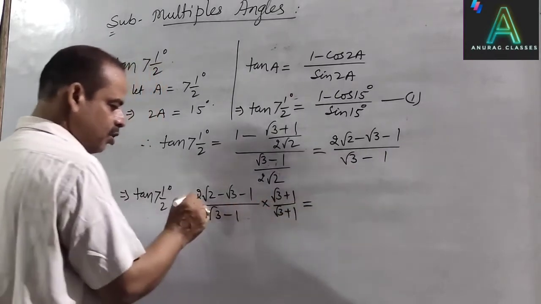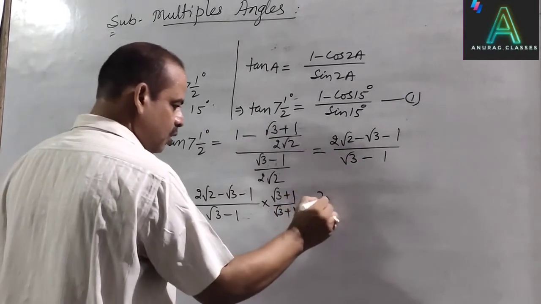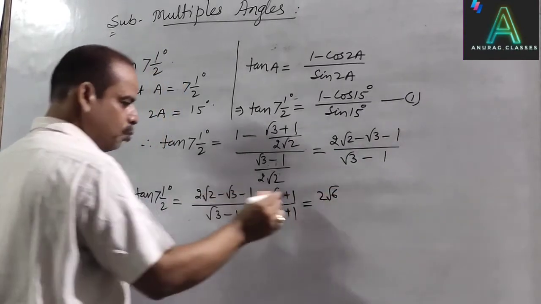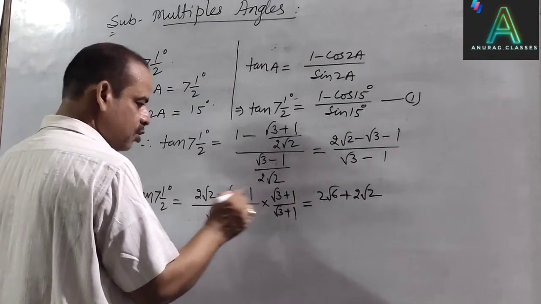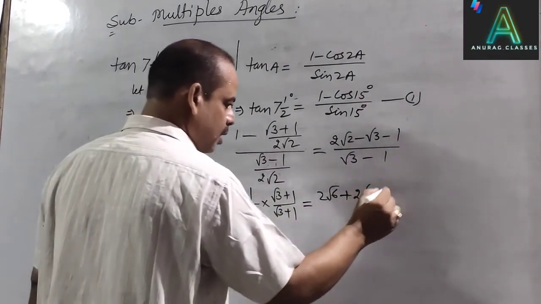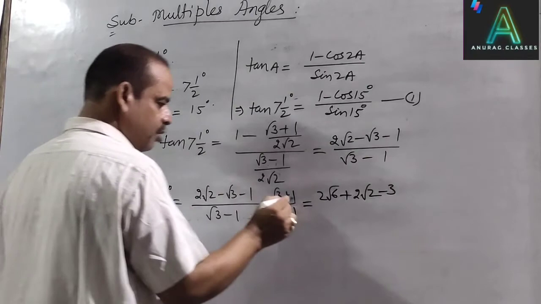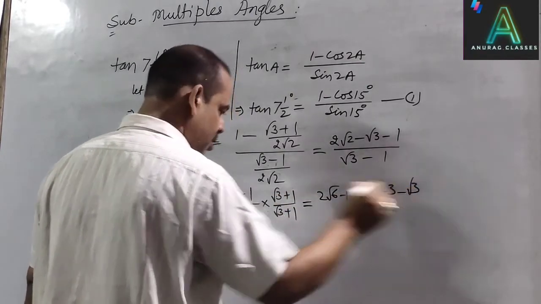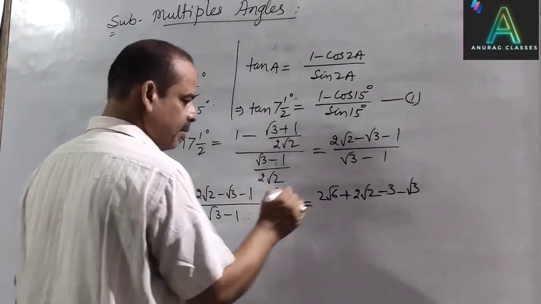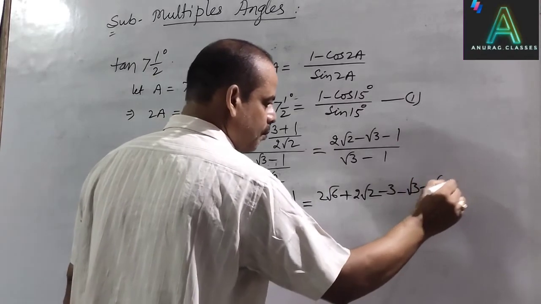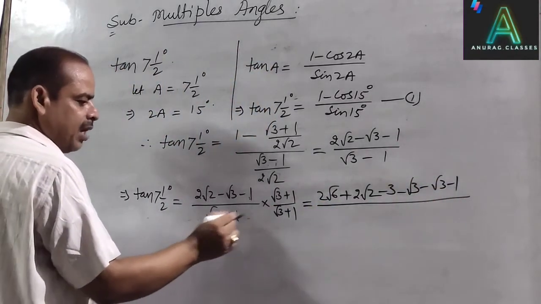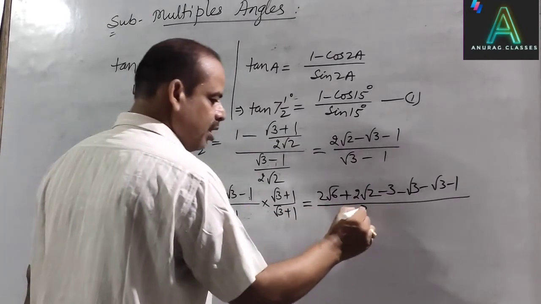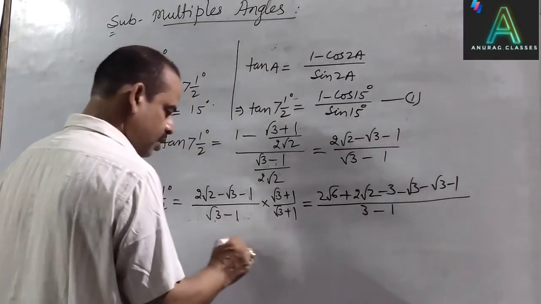And the result will be 2 root 2 into root 3, 2 root 6, 2 root 2 plus 1, 2 root 2, minus root 3 into plus root 3, minus 3, minus root 3 into 1, minus root 3, and minus 1, whole divided by, in the denominator it is (a minus b)(a plus b), so a square minus b square.